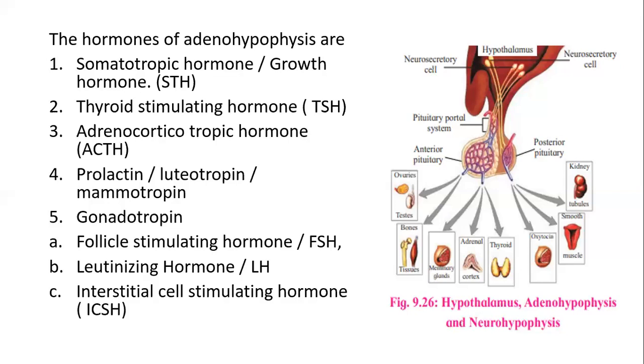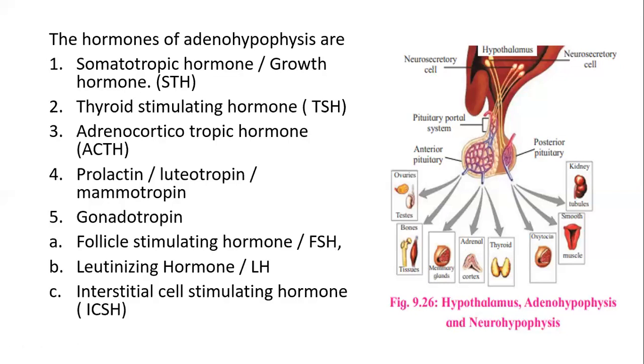That is adrenocorticotropic hormone. आपण फिगर मध्ये बघतोय. That is adrenal cortex. Then the function of thyroid gland, and then that is growth hormone, growth of bones and tissues.